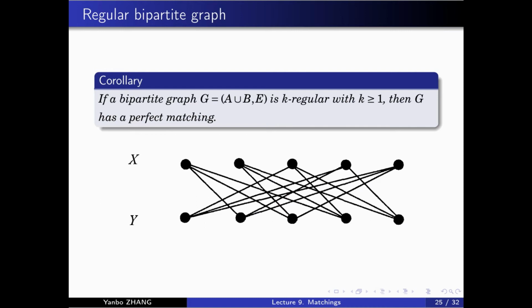Here, in this bipartite graph, every vertex has degree 3. From this corollary, we see that this graph has a perfect matching. Actually, we can draw a perfect matching here.